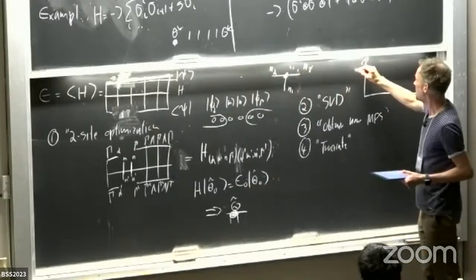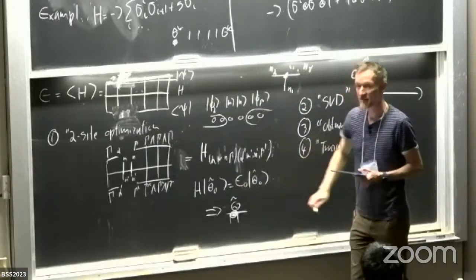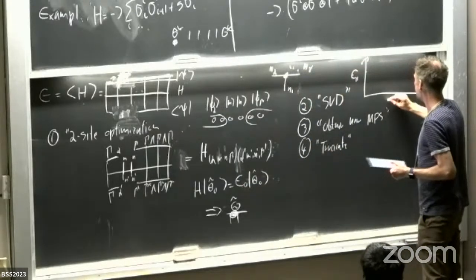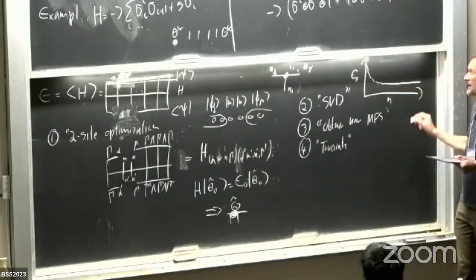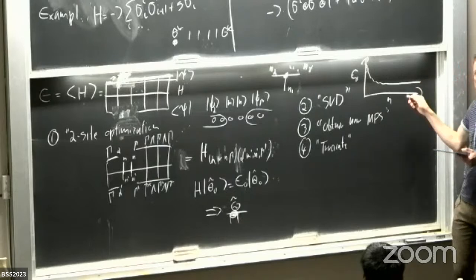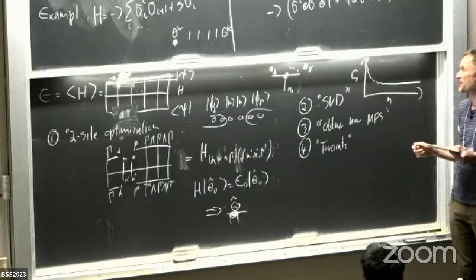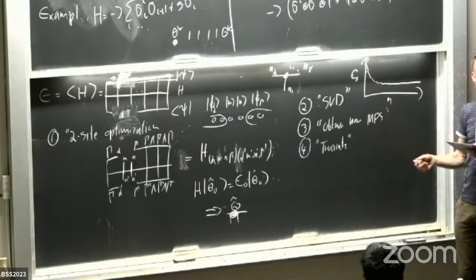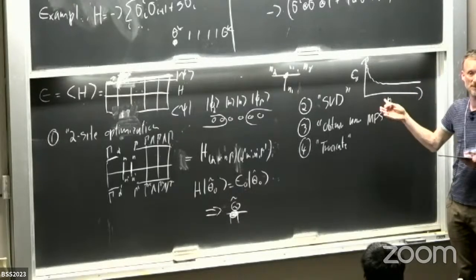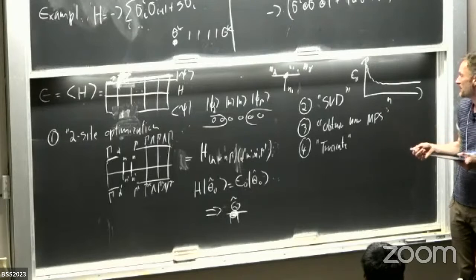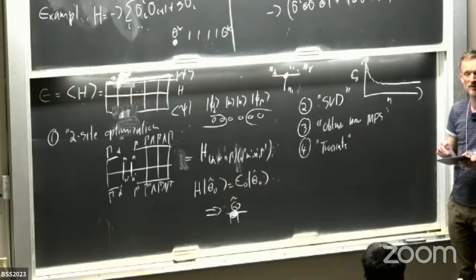And then you can plot the energy eigenvalues as a function of the iteration, and what you usually find is that at some point it doesn't change anymore, and then you take this as your best guess of the ground state energy, which you then of course have to check in terms of convergence with respect to the bond dimension, etc. But this is how the DMRG algorithm works.